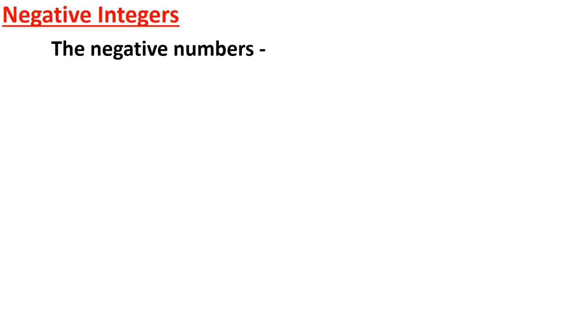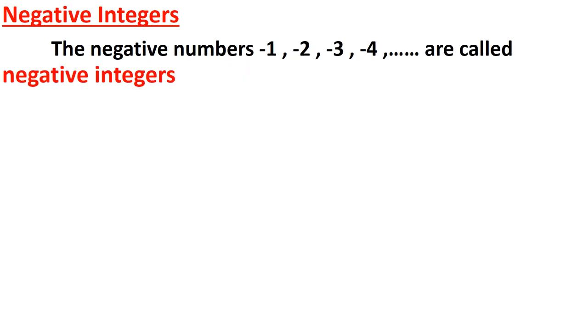The negative integers such as minus 1, minus 2, minus 3, minus 4 and so on are called negative integers, meaning integers with a minus sign. And if there is a plus sign with them, then they are known as positive integers.